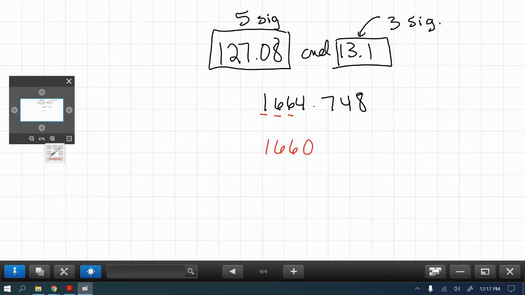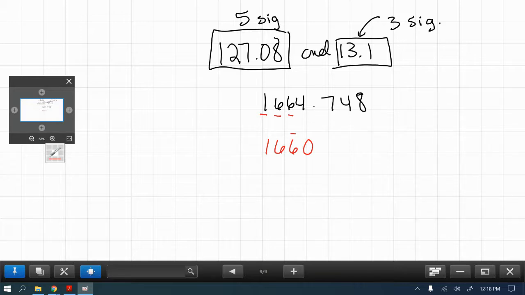So I would have dropped that down to 0. So it'd be 1,660. So 3 significant figures would be here. And if that had been a 5, we would have rounded up. I typically round up, and since it was 4, we rounded down.